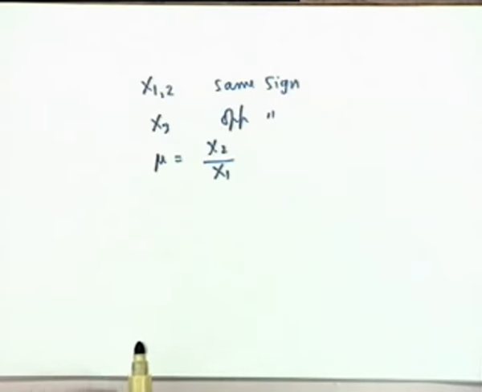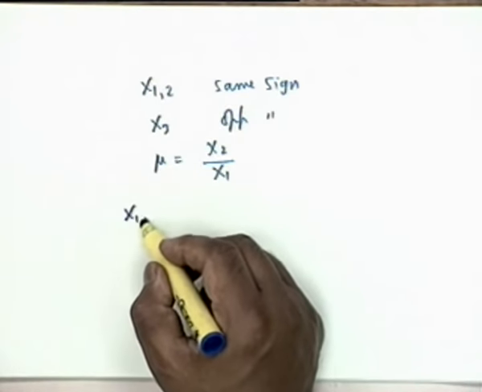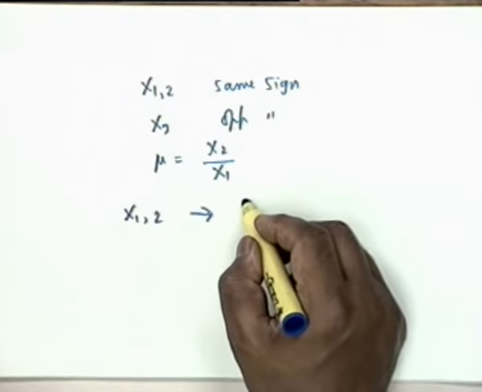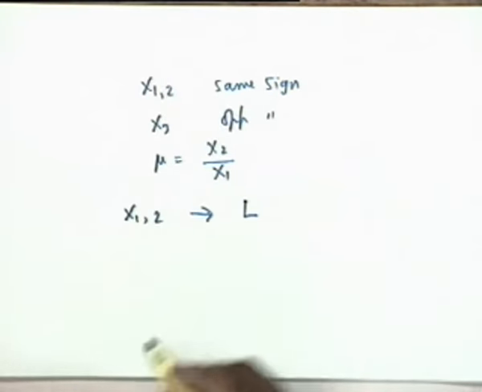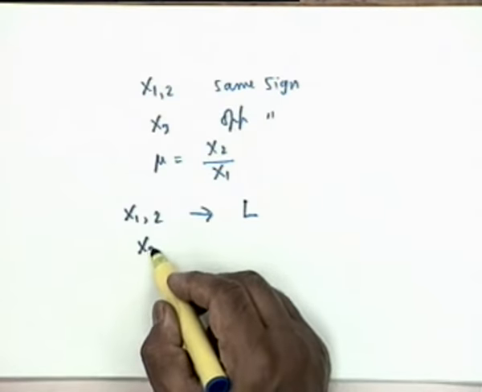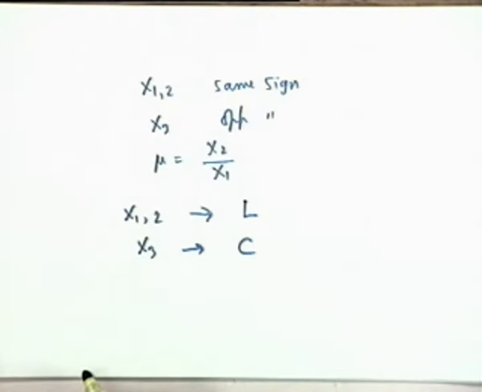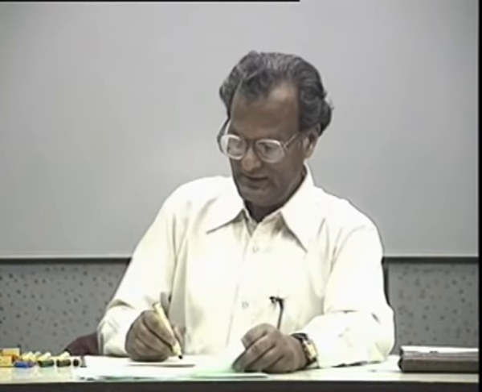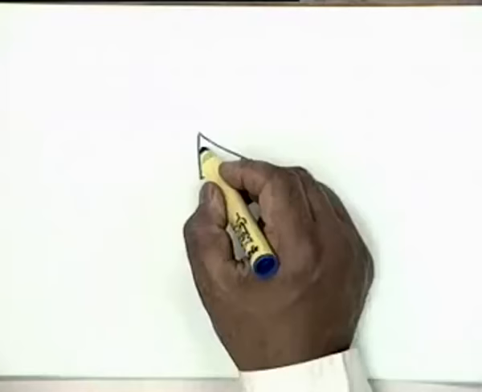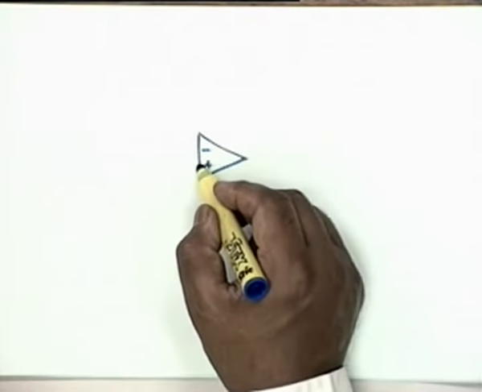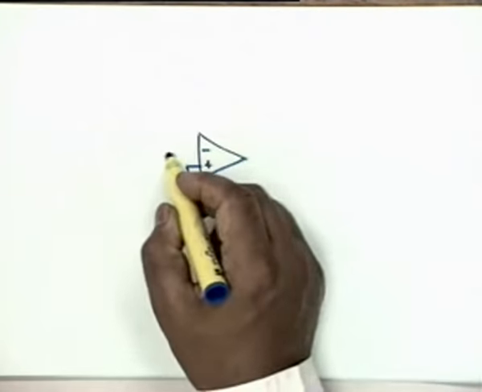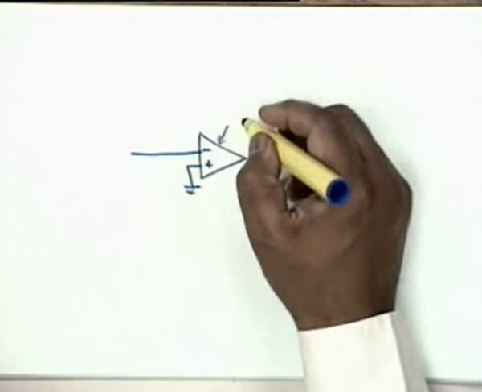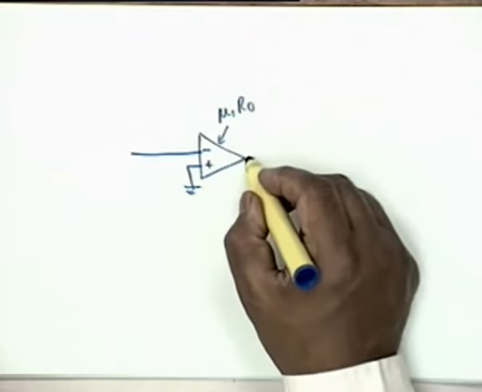Accordingly we can have two different types of oscillations. For example, x1 and x2, suppose both are inductances L, then x3 should be a capacitance. Agree? Let us look at this circuit. Minus, plus, this is grounded, this is the input, this is mu, R0.